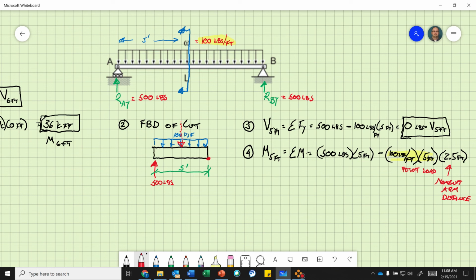So 500 times 5, oops, I didn't do the whole thing. So 500 times 5, that's from the reaction load, equals 2500, and then I need to subtract 100 times 5 times 2.5, and I get 1250 foot-pounds.